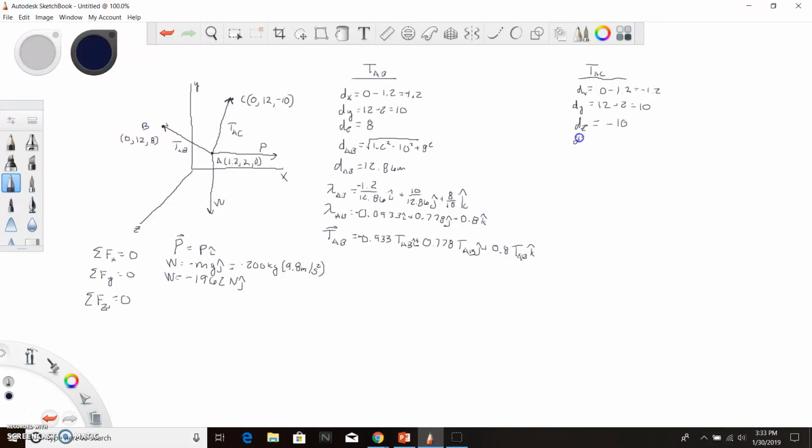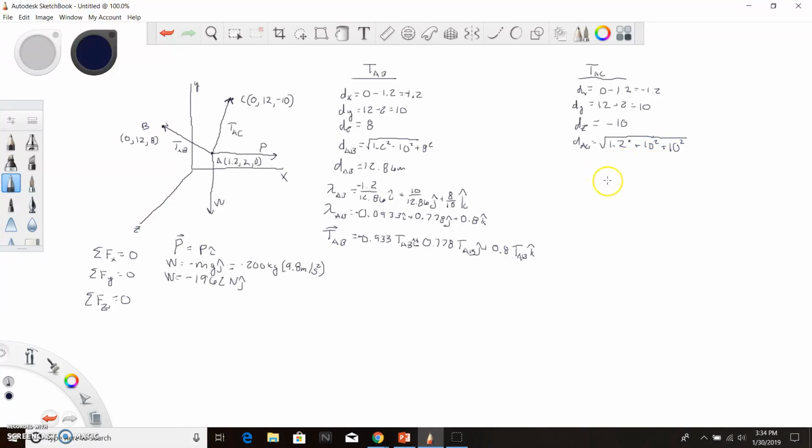DAC is going to equal the square root of negative 1.2 squared plus 10 squared plus 10 squared.